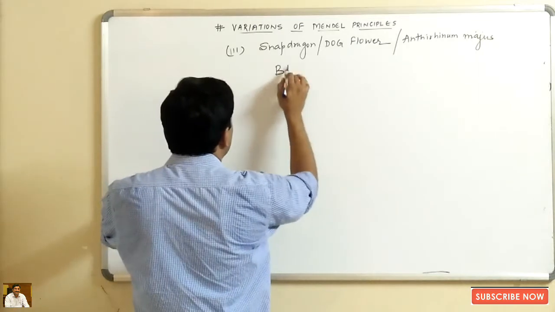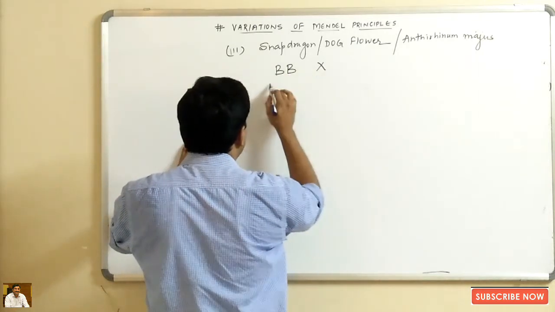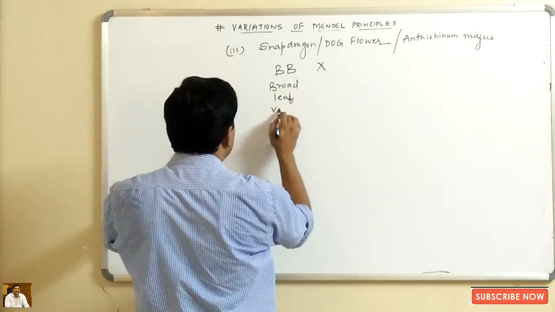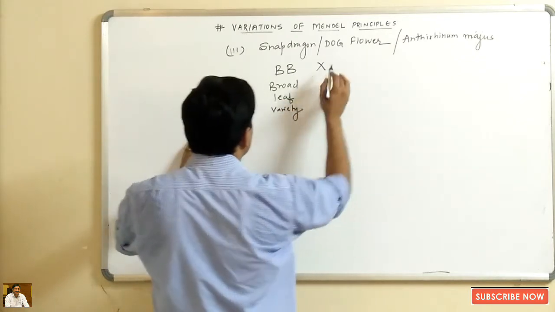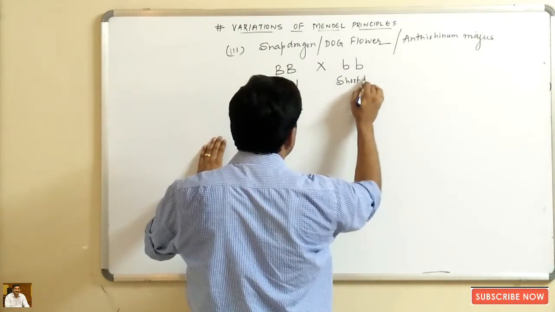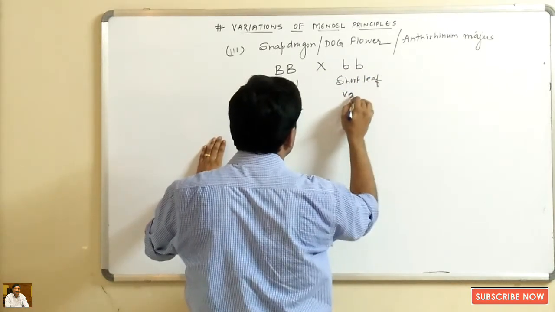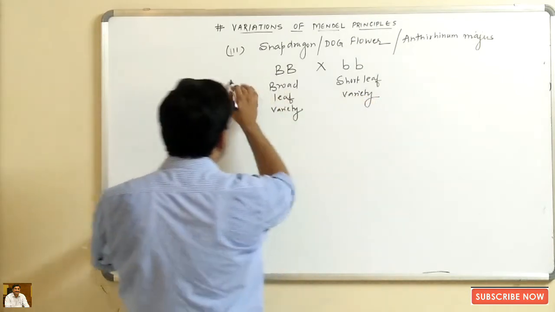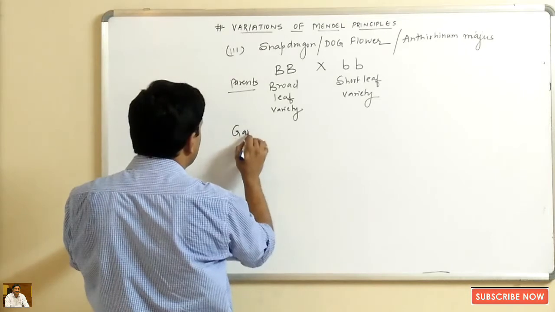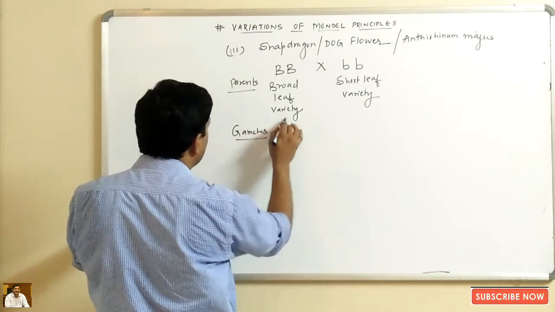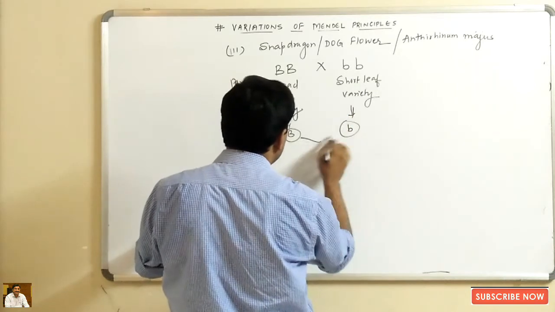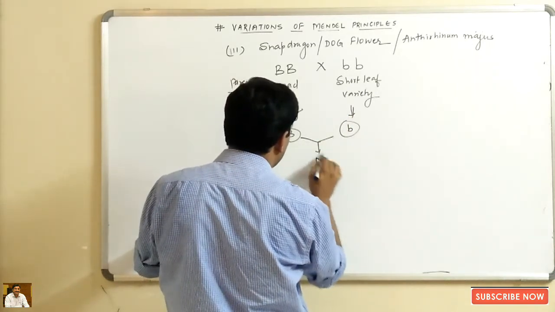So when a broad leaf variety is crossed with a short leaf variety, these are the parents. The gametes will be capital B and small b.